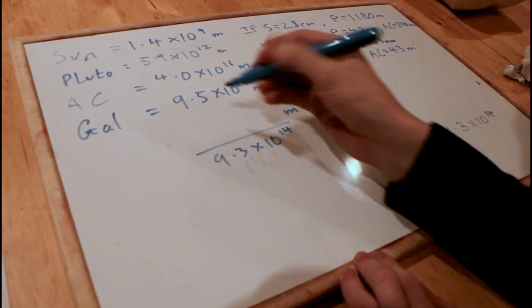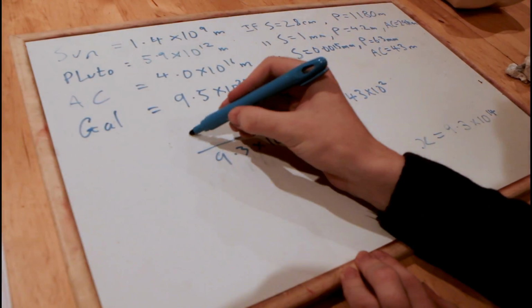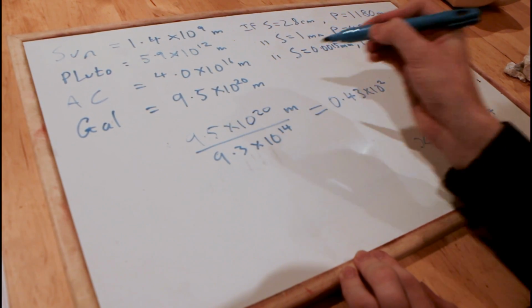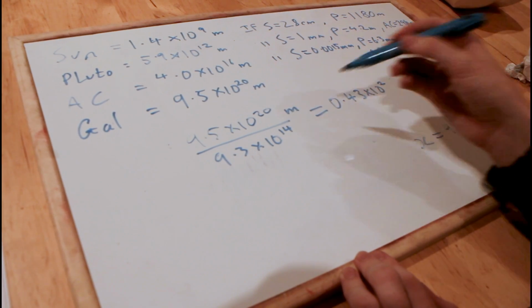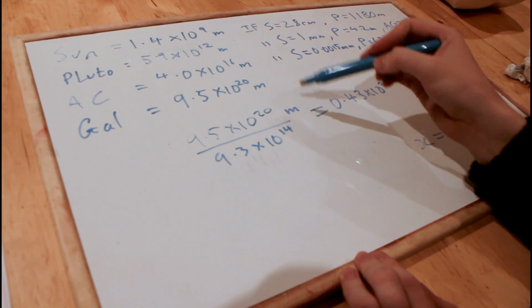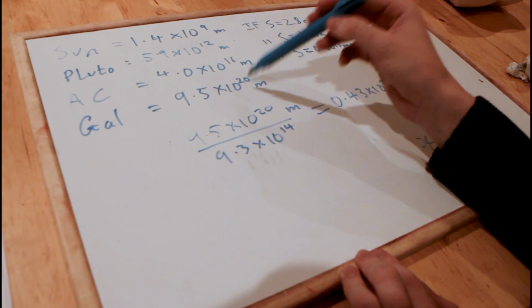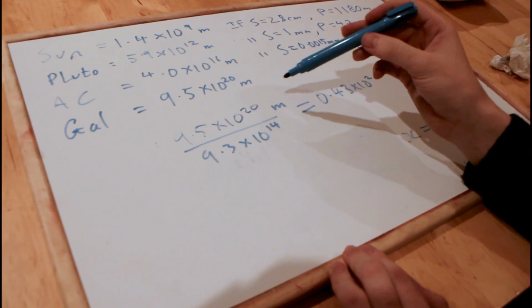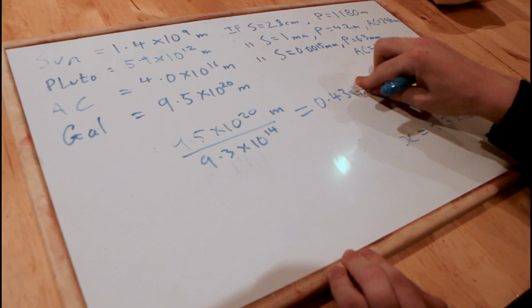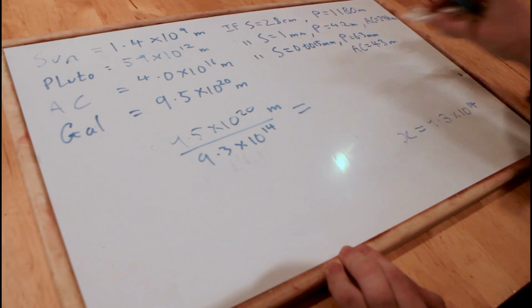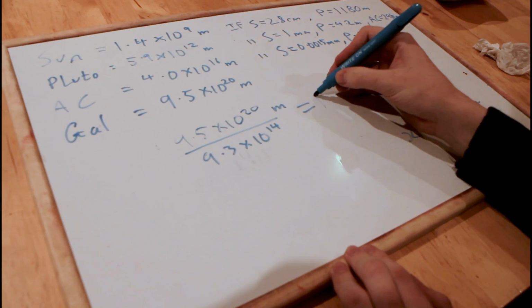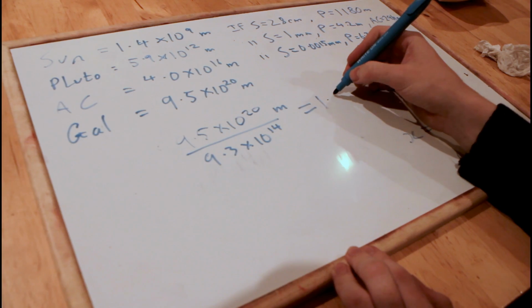And last but not least, the galaxy. 9.5 times 10 to the 20. That's again in meters. See, this was so much more convenient when we used meters all the way than if we had to try and convert to light years or from light years to centimeters and millimeters. And that gives us a different answer now. 9.5 divided by 9.3 is not exactly 1, but it's close enough.